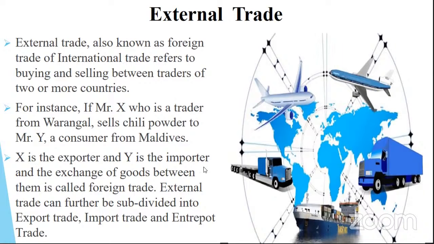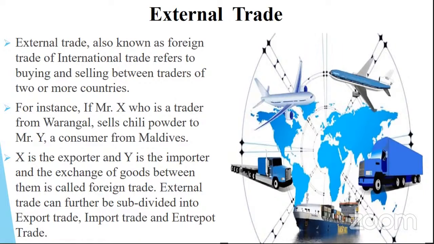For example, Mr. X, who is a trader from Warangal, sells chili powder to Mr. Y, a consumer from Maldives. X is the exporter and Y is the importer, and the exchange of goods between them is called foreign trade. External trade can further be subdivided into export trade, import trade, and entrepot trade.